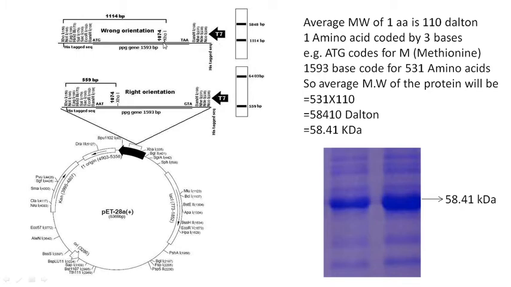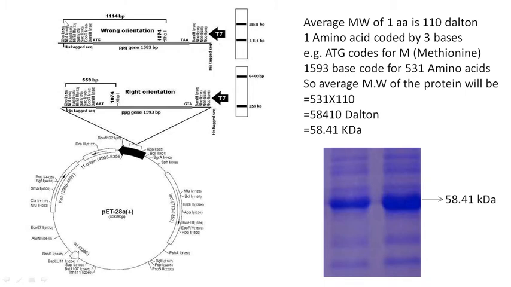Suppose this is a gene of 1593 base pairs, and suppose XhoI is digesting at 1074 base pairs from your start codon. From here to here, this is 1074, and suppose this XhoI also digests the vector.